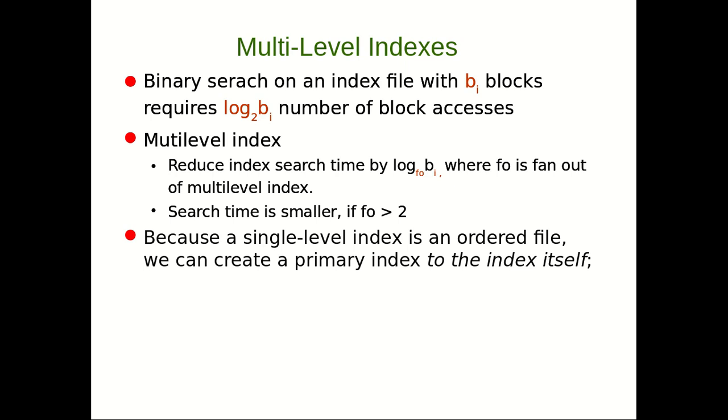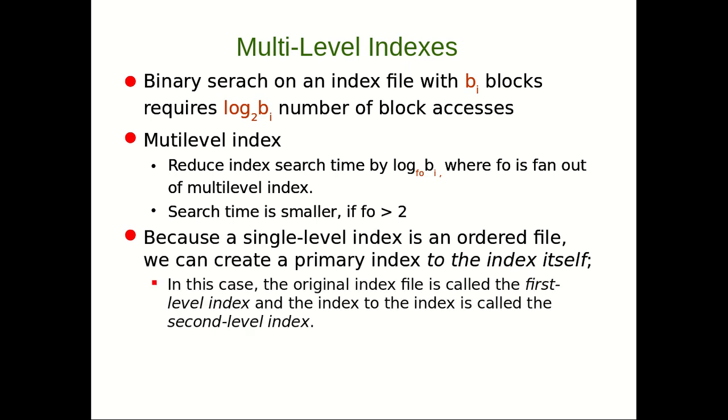Multi-level index, as compared to single level index: in a single level index you have only one index file, one index level. In the case of multi-level index, the index file itself has multiple levels. In this case, the original index file is called the first level index, and the index to the index is called the second level index.